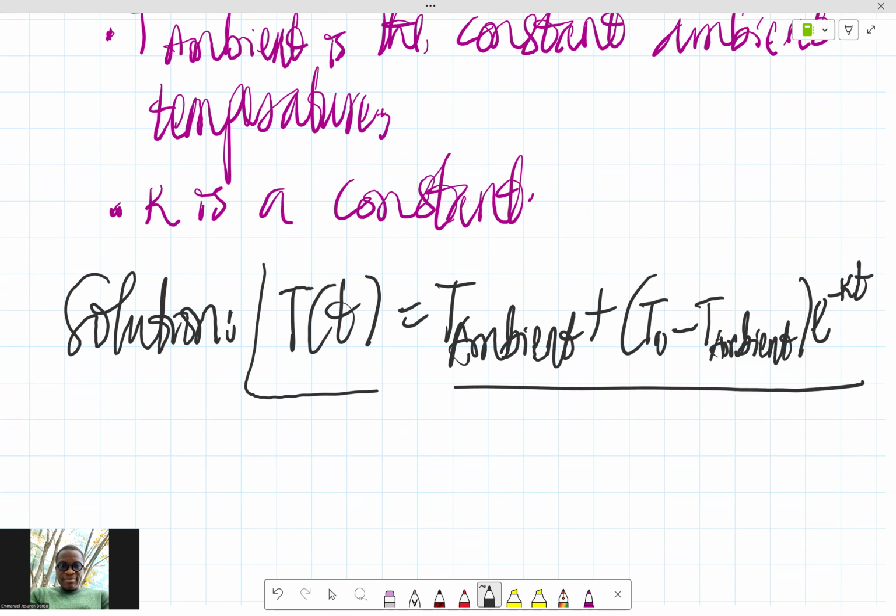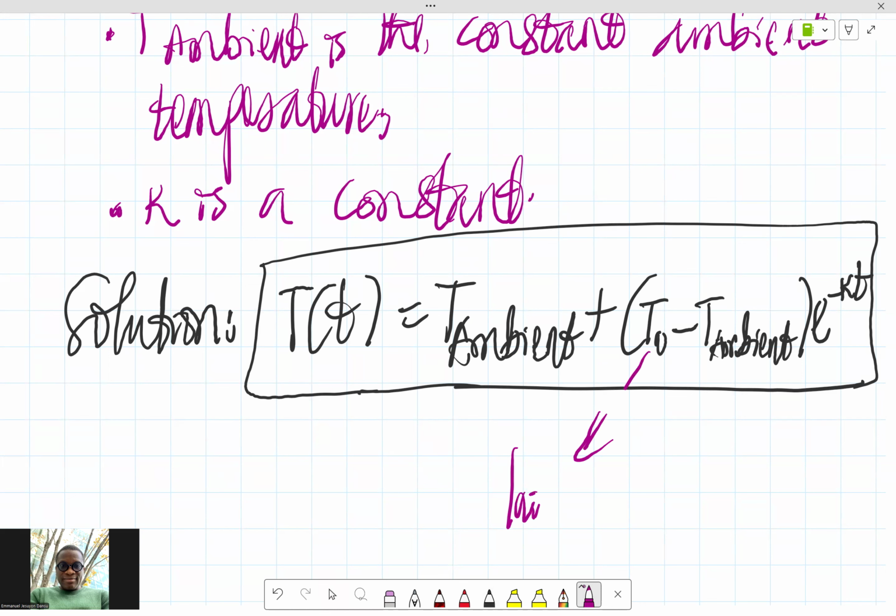So the temperature is being brought down, so to speak. As usual, T naught is the initial temperature.